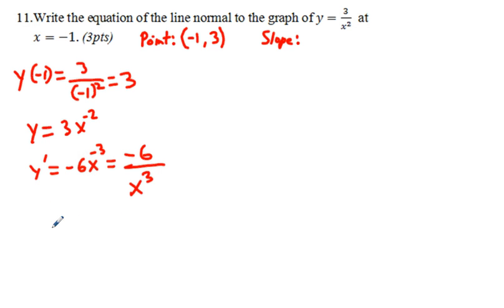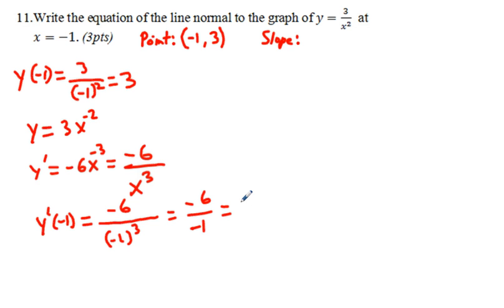And our slope is going to be y prime of negative 1 is equal to negative 6 over negative 1 cubed, which is going to be negative 6 over negative 1, which equals 6, which equals the slope of the tangent line.